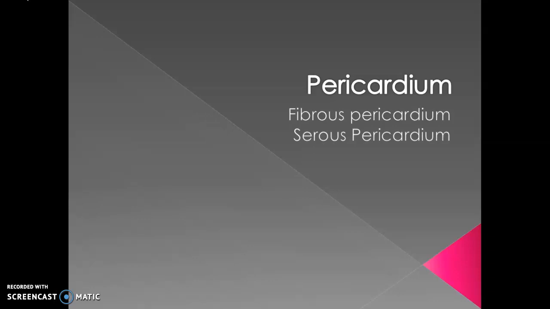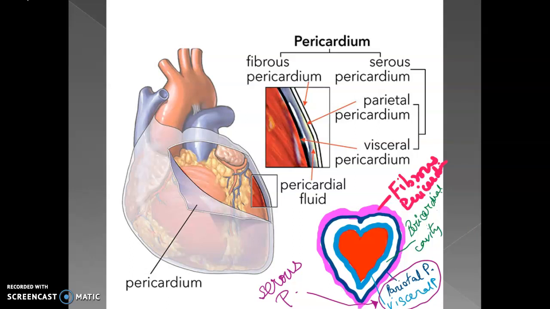So let's look here. If you look on the heart picture on the left hand side, you do see a white pericardium. The white pericardium is called the fibrous pericardium, and I want you to think of it as the big gardening glove.